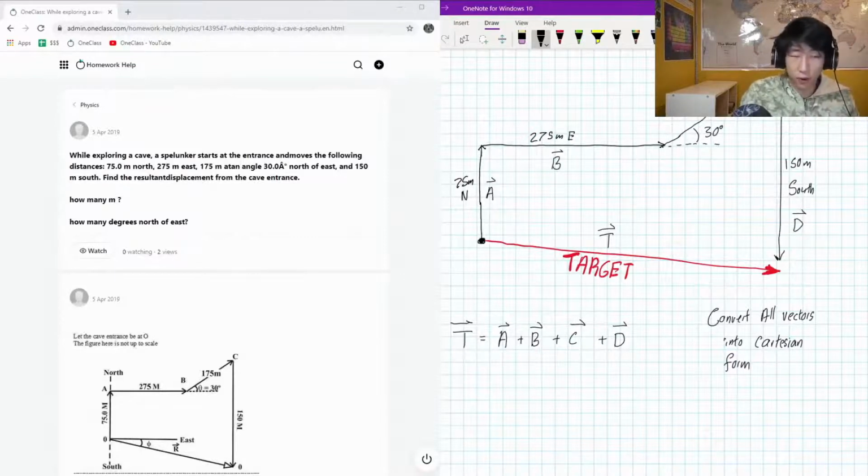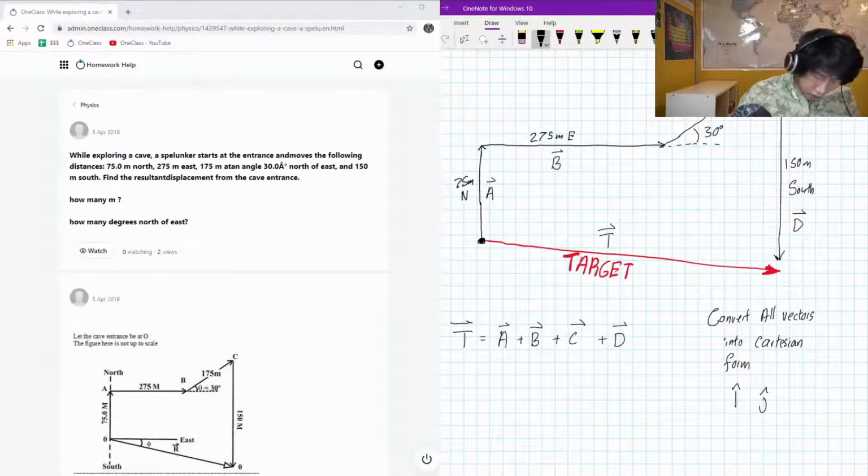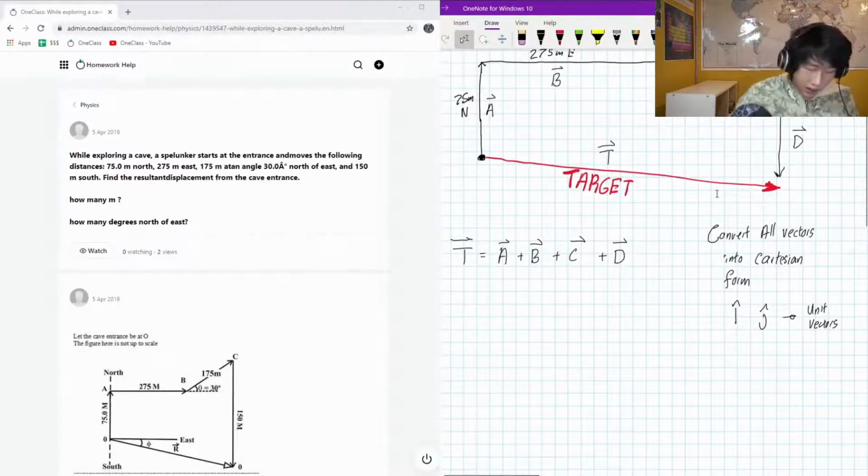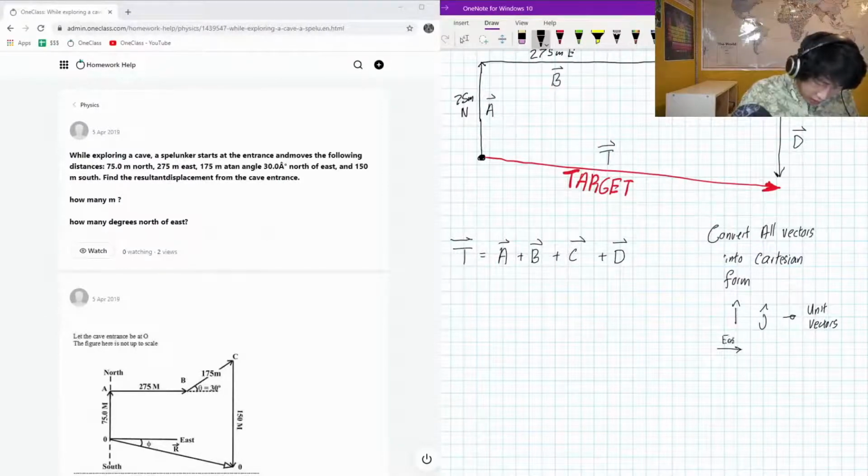Essentially, Cartesian form is i and j with the unit vectors. These will be our unit vectors. i is going to correspond to east being positive, and j is going to correspond to north being positive.